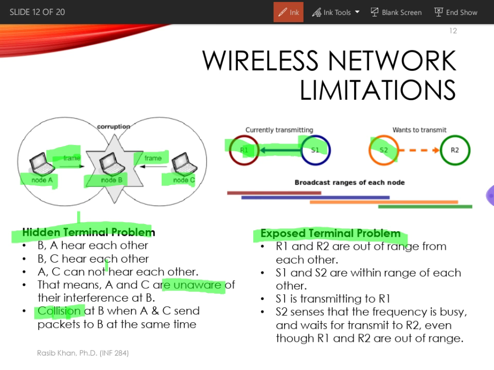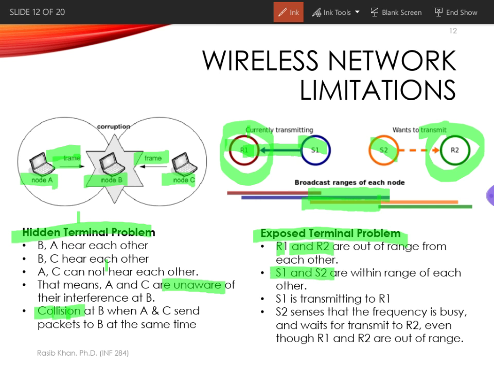And the other thing is that source 1 and source 2 are actually within the range of each other. So that means that source 1 and source 2 can sense whether the frequency is being used or not. R1 and R2 are out of reach of each other, that means R1 and R2 are far apart.